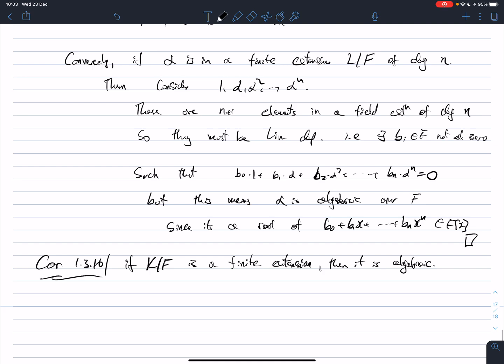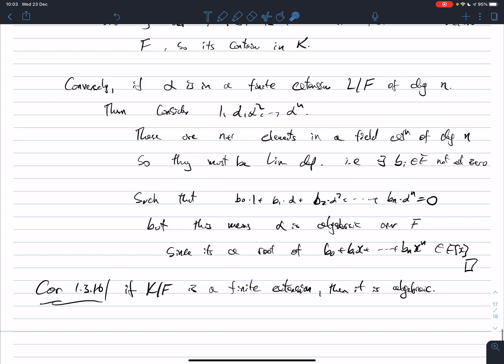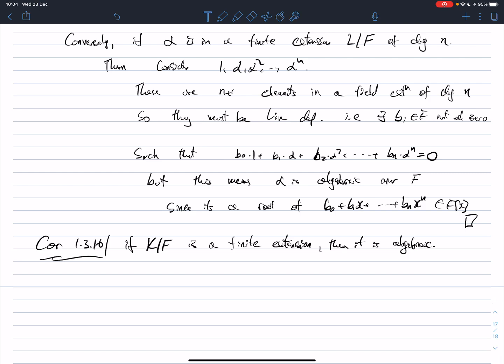If I want to construct a bunch of extensions, remember algebraic extension meant that every element of K is algebraic over F, so every element of K satisfies some polynomial with coefficients in F. You don't have to go through every element of K and find the polynomial. All you need to check is if this degree is finite. If this degree is finite, then the field has to be an algebraic extension.